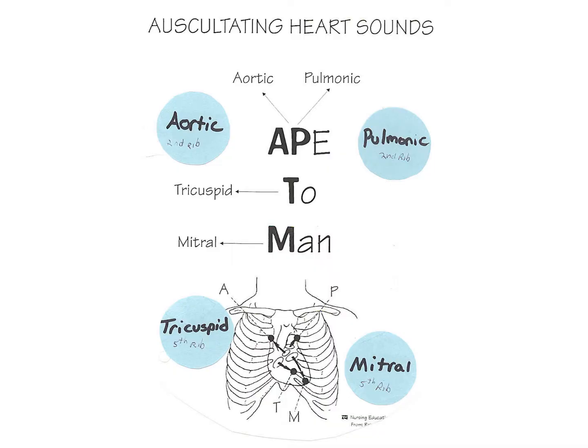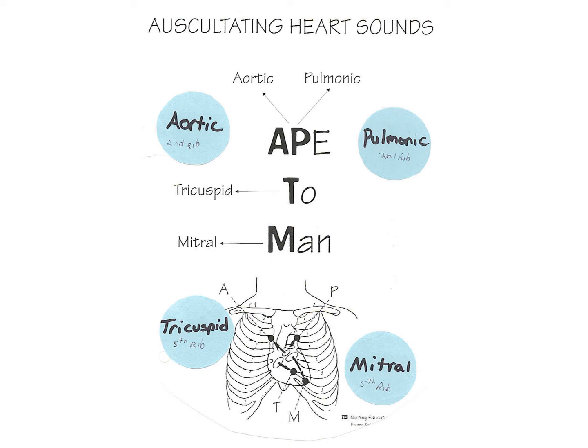This slide is here to show you a mnemonic that you can use to help you remember the order of the heart sounds when you're listening for murmurs. The mnemonic is APE to Man because you can listen to the aortic, and then the pulmonic, then the tricuspid, and then down lower to the mitral valve.